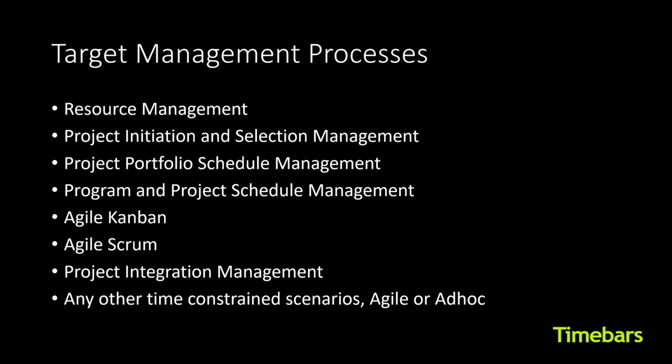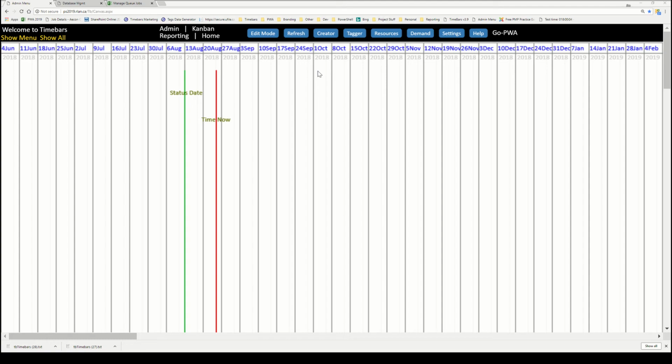Now, some of the processes that we think organizations can use this tool for is resource management. Create your tasks, assign the resources, drag them around the screen, check the demand. Just a quick demonstration of what I'm talking about.